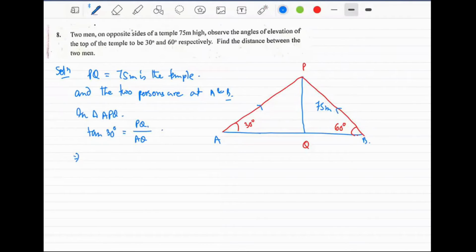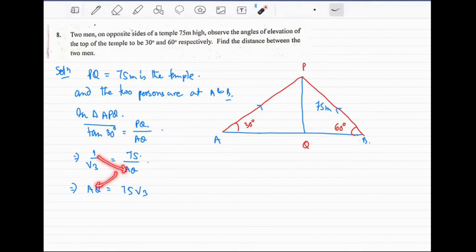With the values of what are known, tan 30 we know, we will have 1 by root 3 here. PQ we know, it's 75. AQ we don't know, we have to find this out. Cross multiply. AQ and 1 will be AQ, 75 and root 3 will be 75 root 3. AQ here, 75 root 3 here.